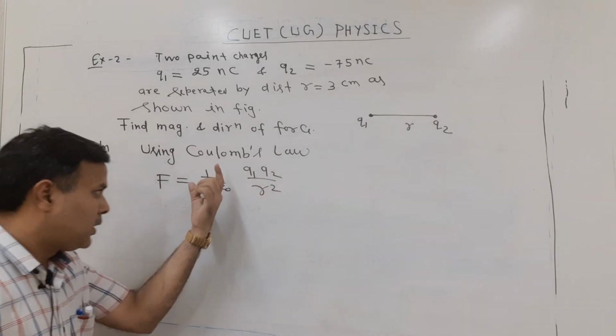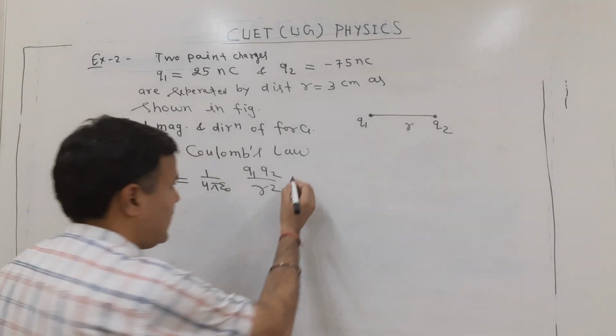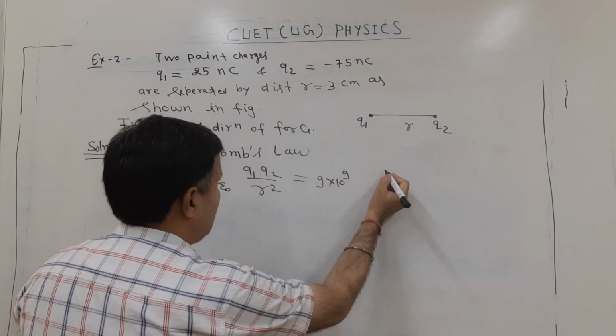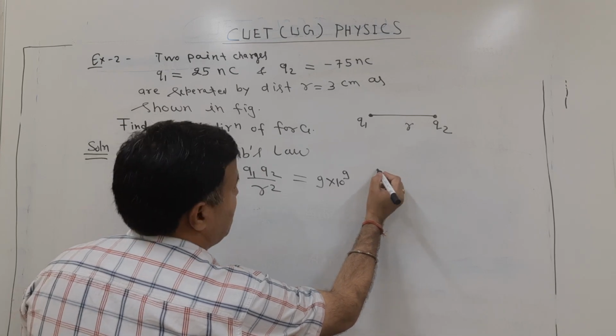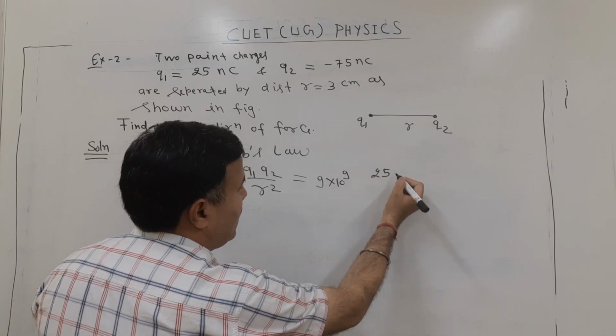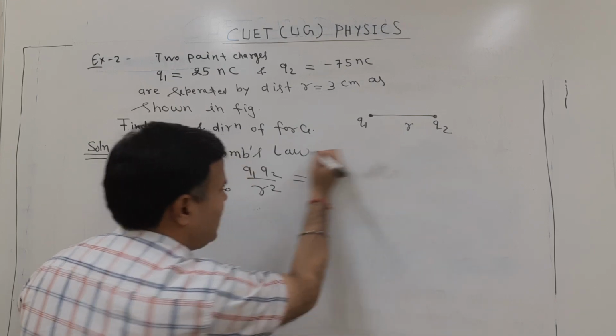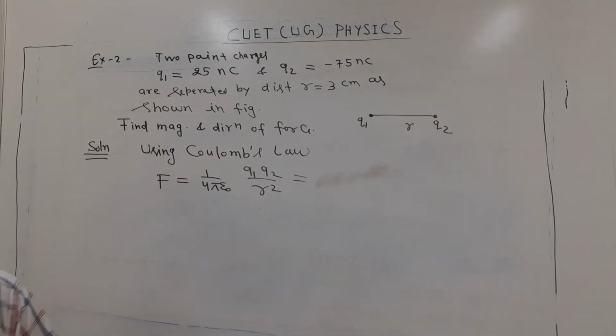The value of this constant is 9 into 10 to the power 9. And q1 is 25 nanocoulomb. So let me write q1 in terms of coulomb.